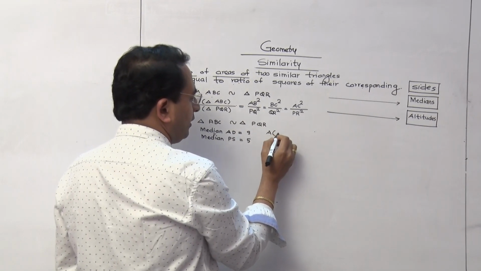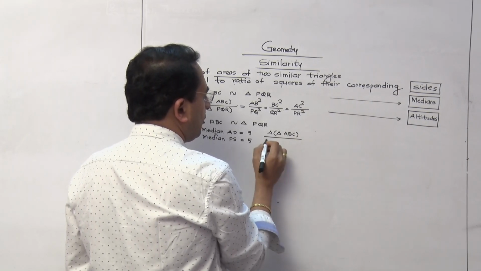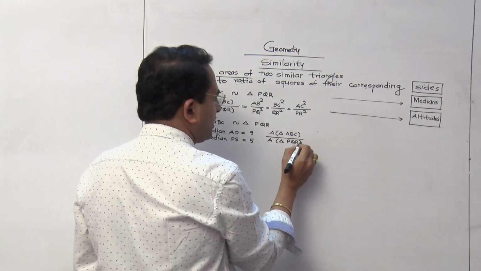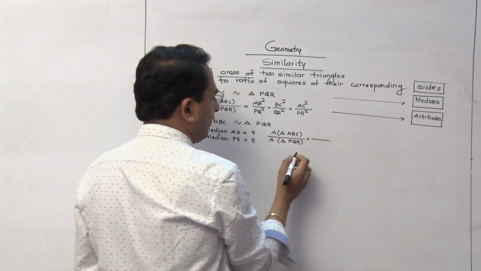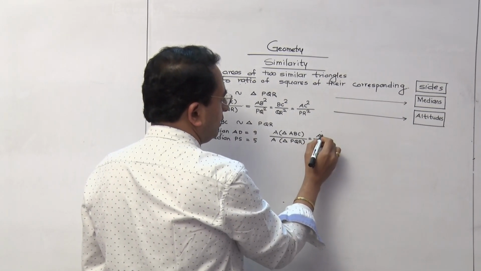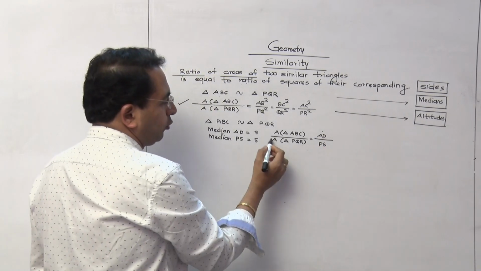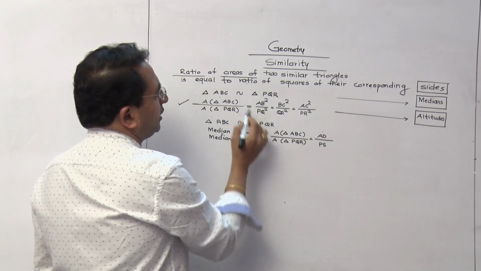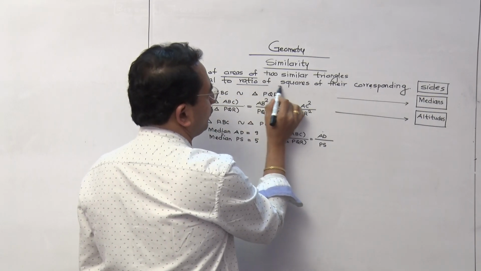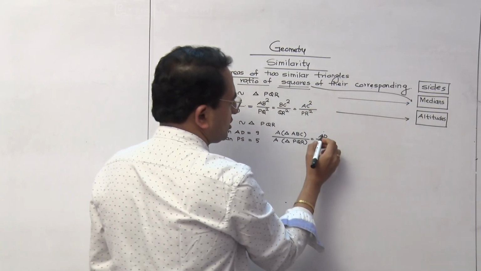So we have to write area of triangle ABC upon area of triangle PQR is equal to, what can we write? It is median AD and this is PS, but the rule is not correct. The ratio of areas of two triangles is equal to the ratio of squares of their corresponding medians.